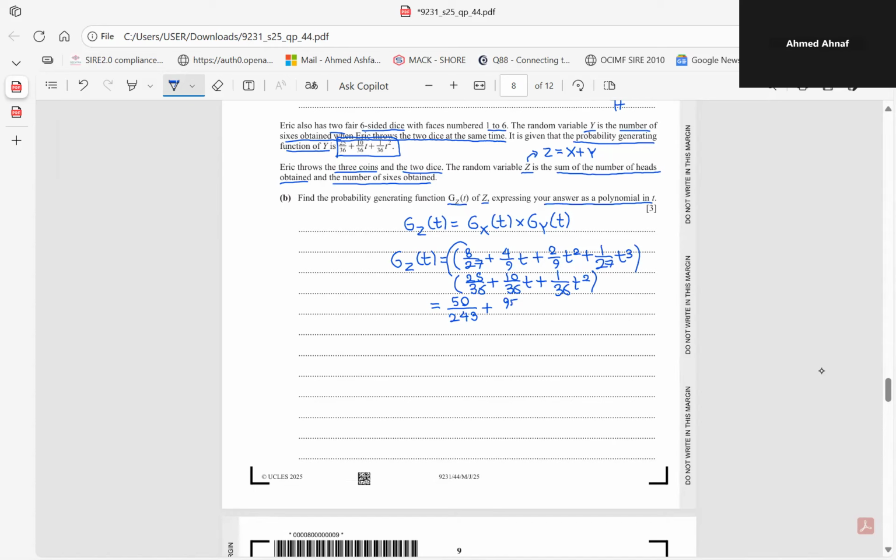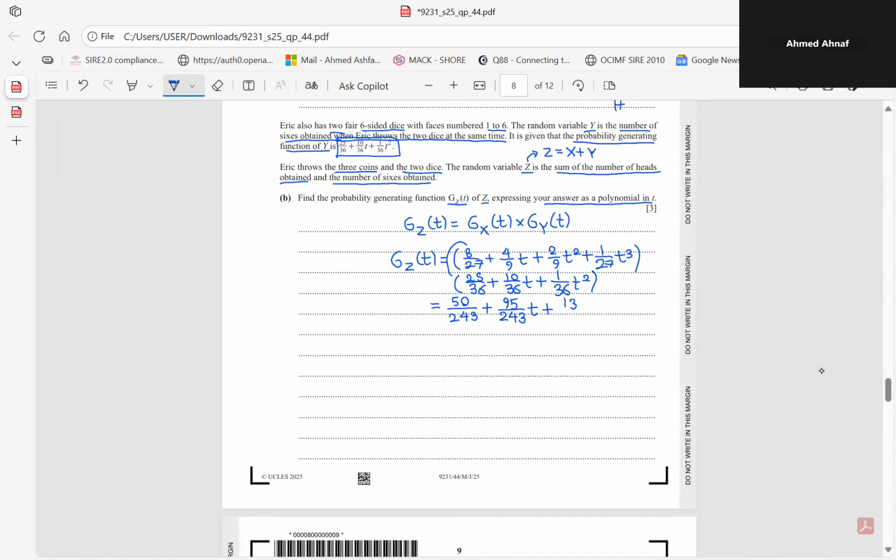Then you would get 95 over 243 t. And then for t squared, multiply 8 over 27 with 1 over 36 t squared plus 4 over 9 times 10 over 36 t plus 2 over 9 t squared times 25 over 36.